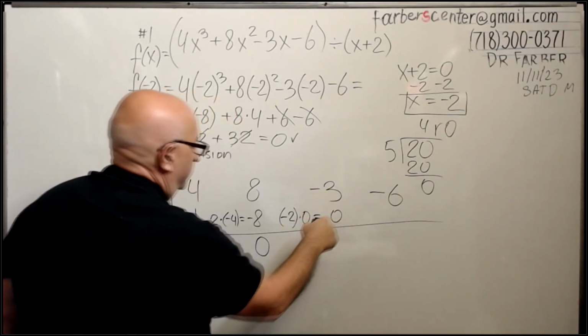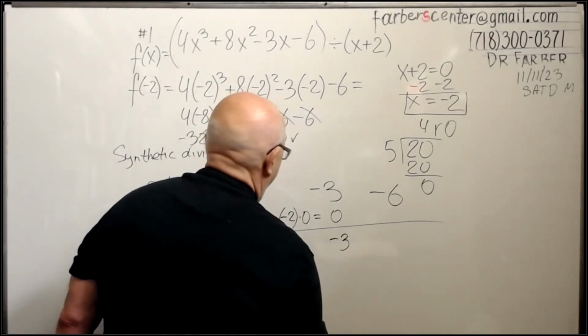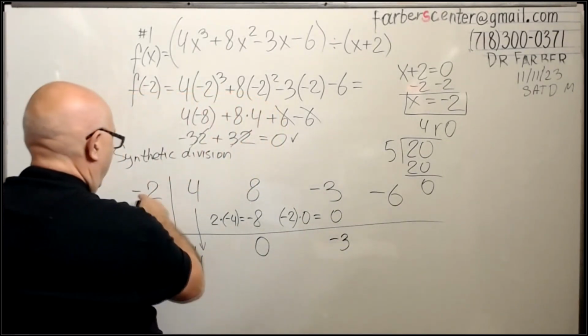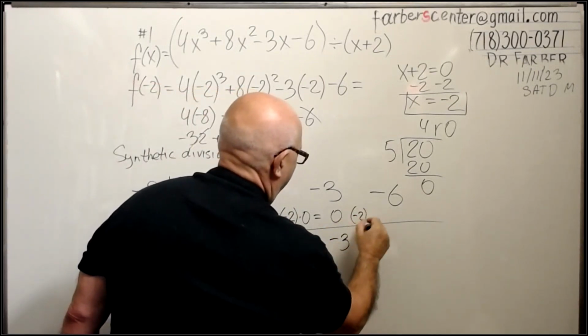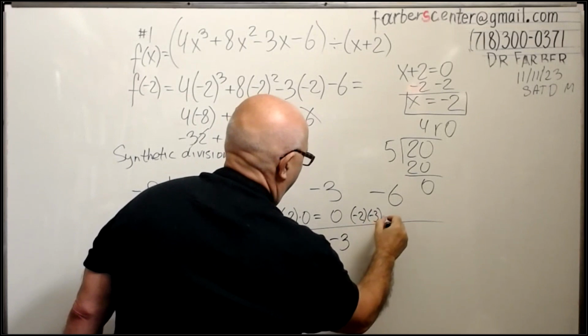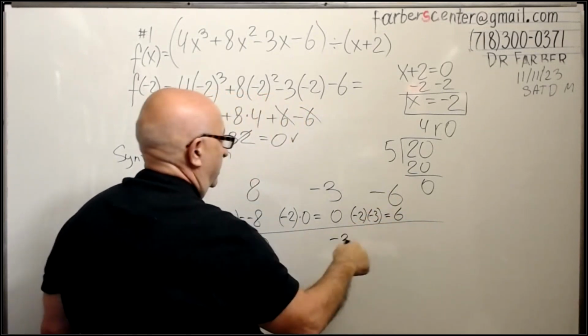Negative 3 plus 0 is negative 3. Negative 2 times negative 3 is 6. Negative 6 plus 6 is 0.